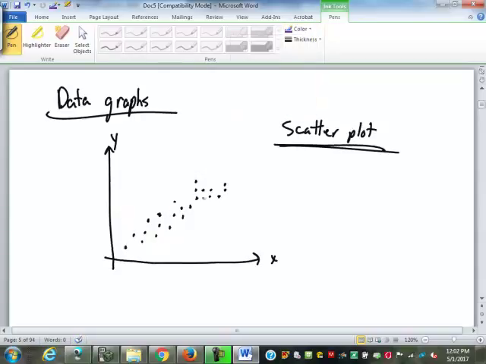Each point, just like the points on our graph, represents two numbers: a number on the x-axis and a number on the y-axis.